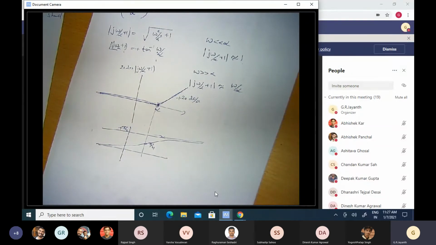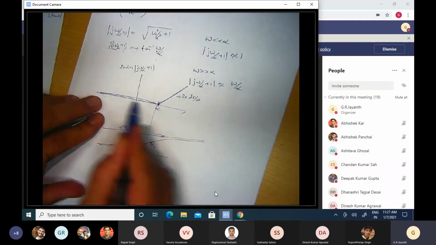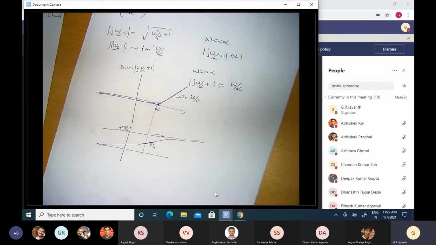That's already been taken care of by my controller 25 by S. That already gives me adequate gain. So I am perfectly happy if my gain is 0 dB for frequencies less than 50 radians per second. The only thing I'm hoping and expecting out of this particular term is an improvement in phase.